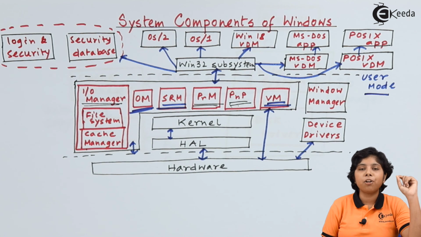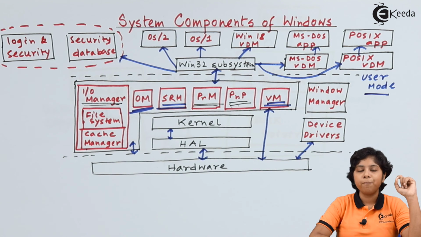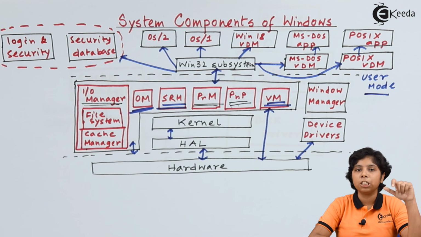The last relation of the executive with the HAL and kernel is the registry. The internal tables contained in the kernel operating system are called the hives, and the hives are controlled by the registry. So the registry is an essential interaction between the kernel and the executive, so that the hives or the registries are operated only in kernel mode, not in user mode.